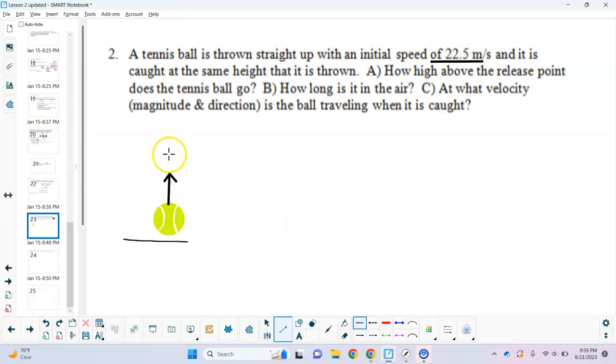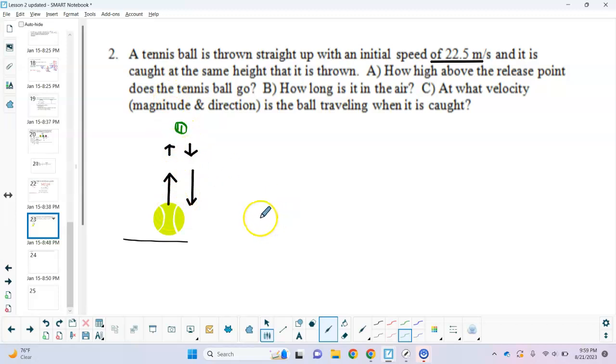It's caught at the same height, so it goes up, slows down on the way up, reaches the apex, and then it's going to come back down, and it returns to the same level. So we've looked at this example in previous problems. The tennis ball has somehow changed color as it got up, but you get the idea. So, good enough picture.